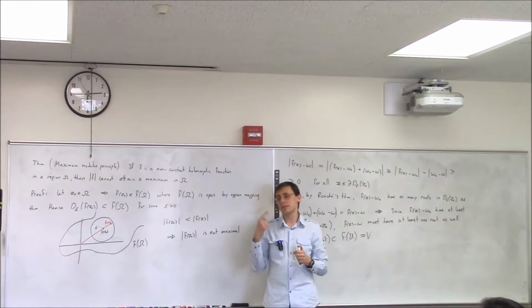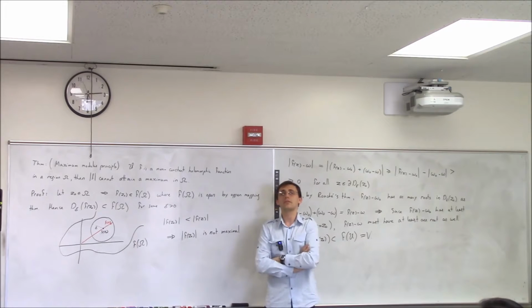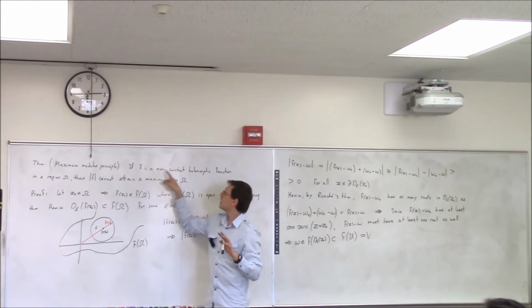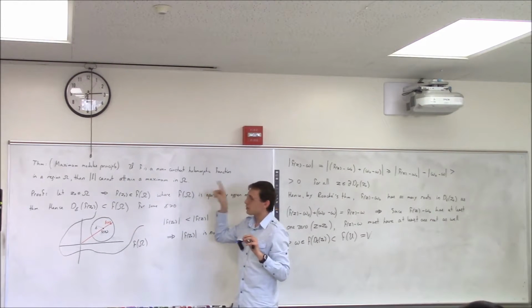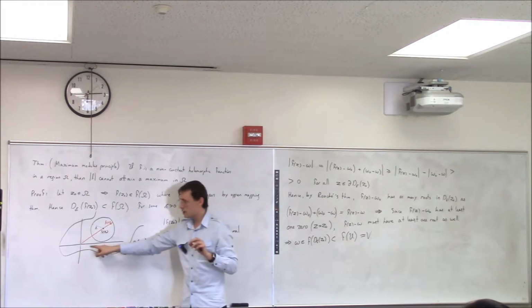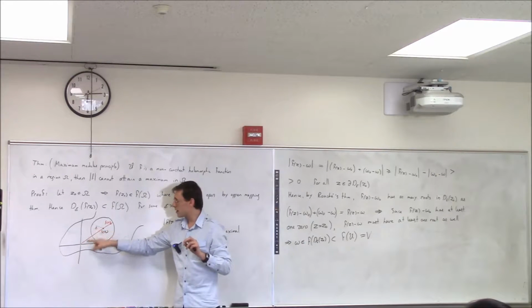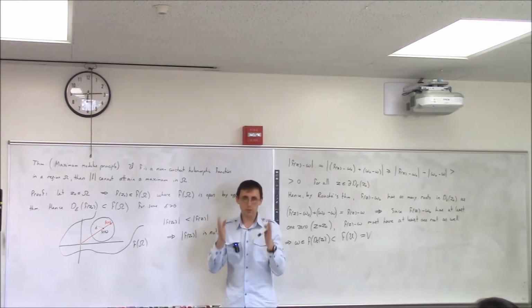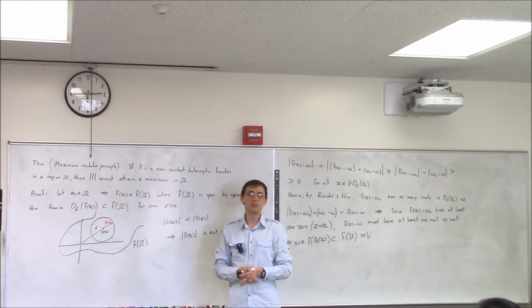Well, the statement is if the function never vanishes over omega, you would make the same statement, and you just say f is a non-vanishing, non-constant function, right? Then over the region omega, the modulus of f never attains the minimum inside of region omega.